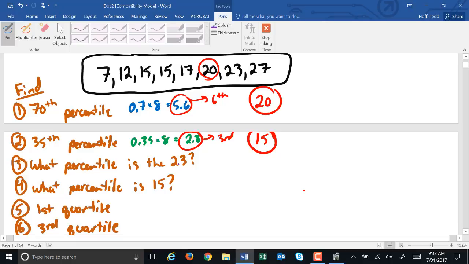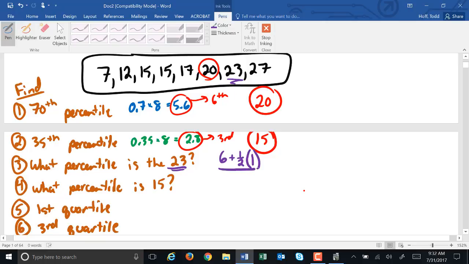Now, next, we're going to go the other direction. What percentile is the 23? Well, in the list, how many numbers are smaller than 23? 6. So there's 6 smaller plus, remember, it's 1/2 times the number that are equal. How many are equal to 23? Just 1. Okay.